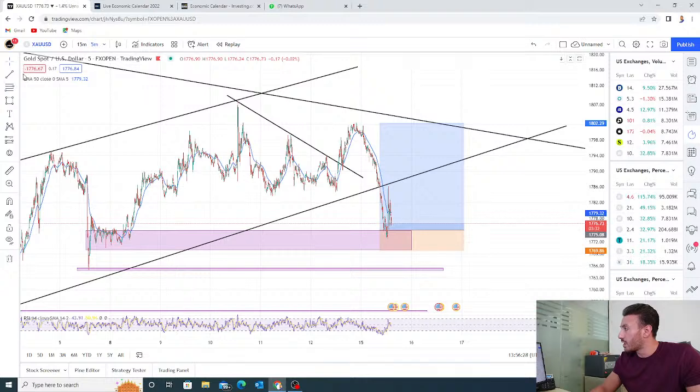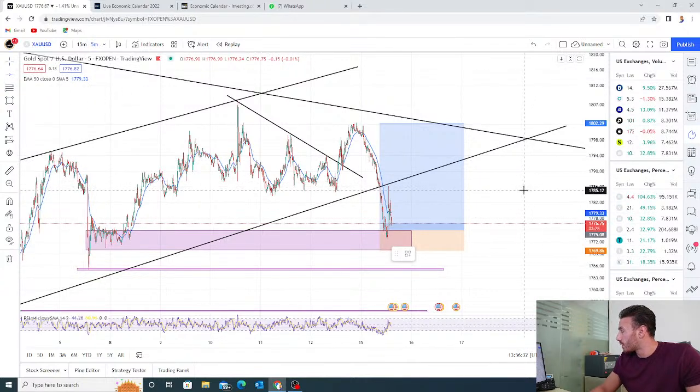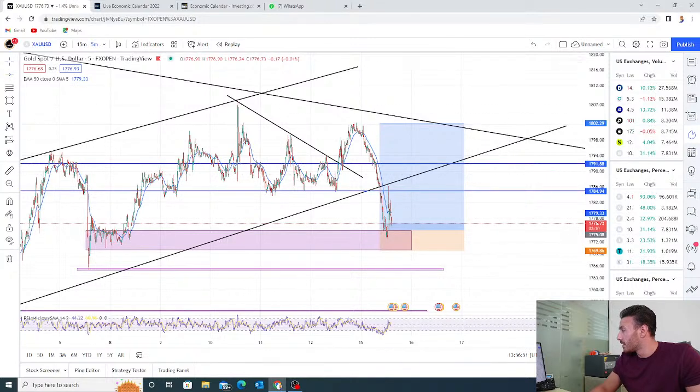and my first target got hit today. It was at 1785 because it was the bottom of the breakout, the retest. So this was my TP1. My second take profit was to be at 1792, sorry, at this level.